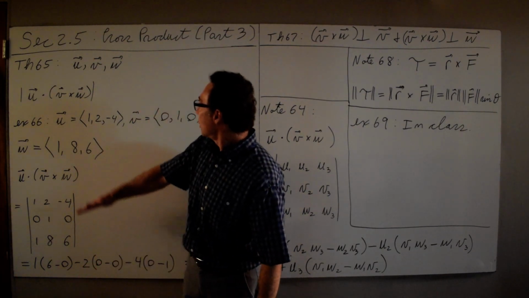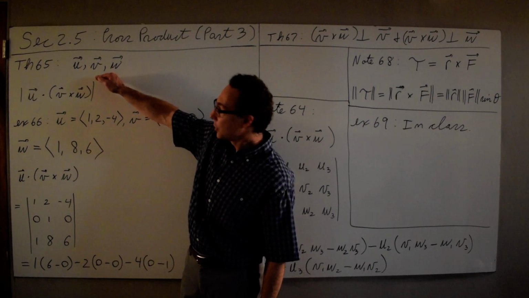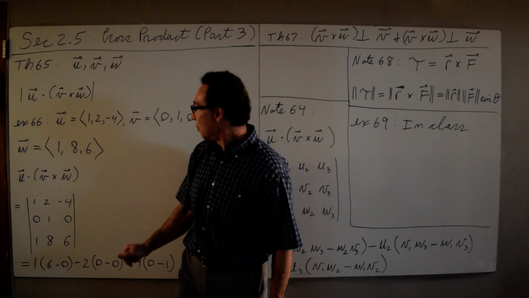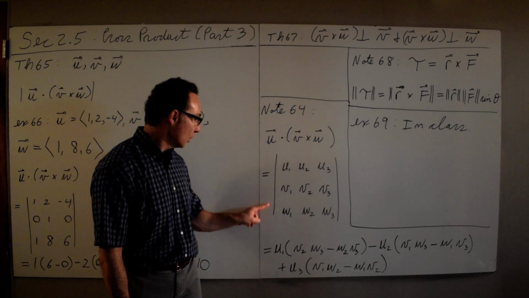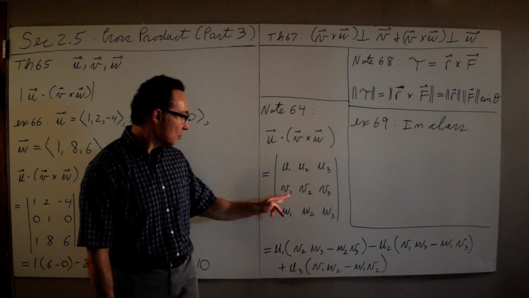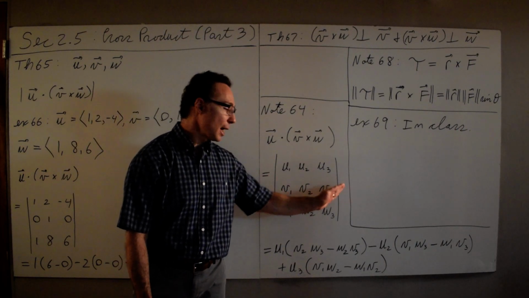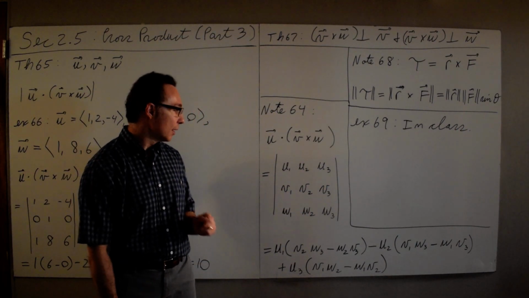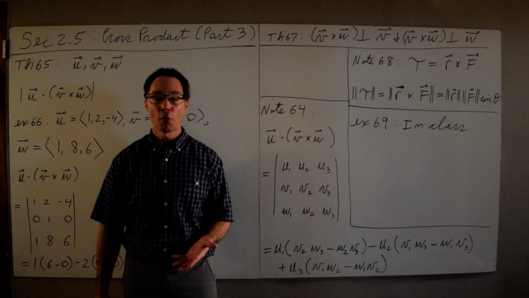When you look at theorem 65 in your notes, you're going to see a double bracket. The inside bracket is for the determinant and the outside bracket is the absolute value. So take the absolute value of the determinant. You take the absolute value because volume's never negative.